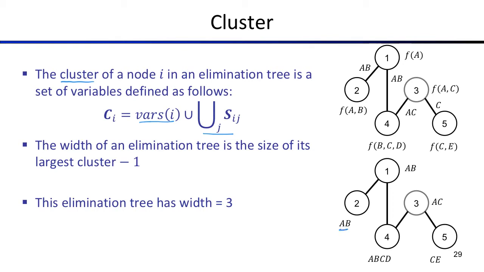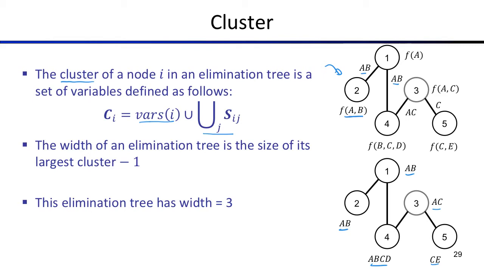So these are the clusters, and this is the elimination tree and also the factors that we have with the separators here. So if you want to compute the clusters, what we're going to have to do is to look at what we have.